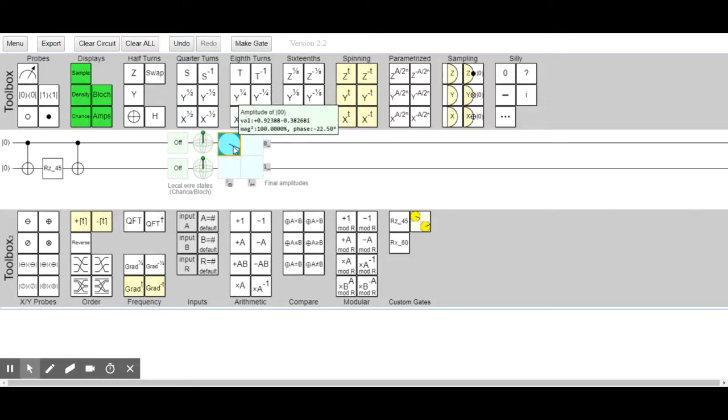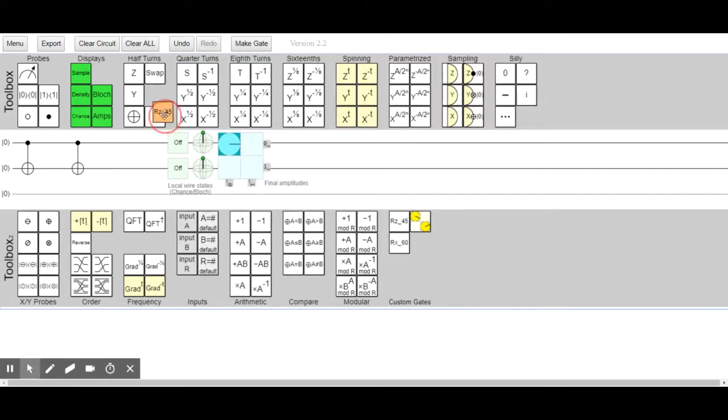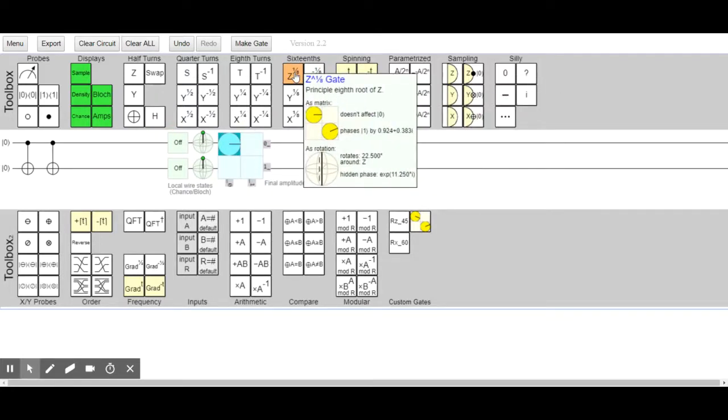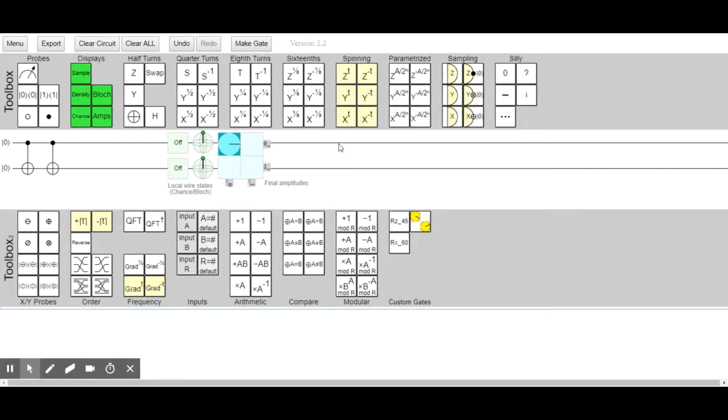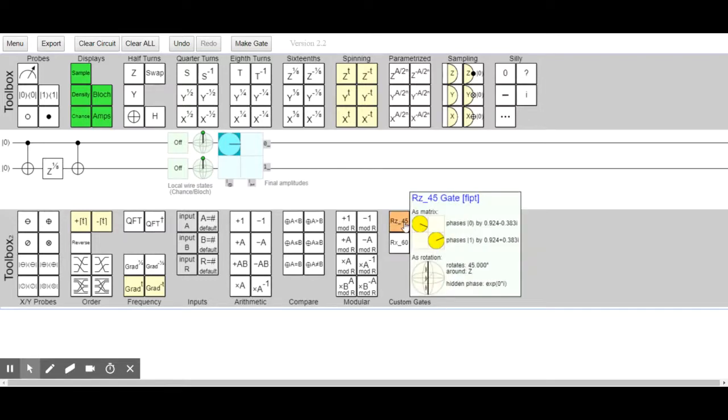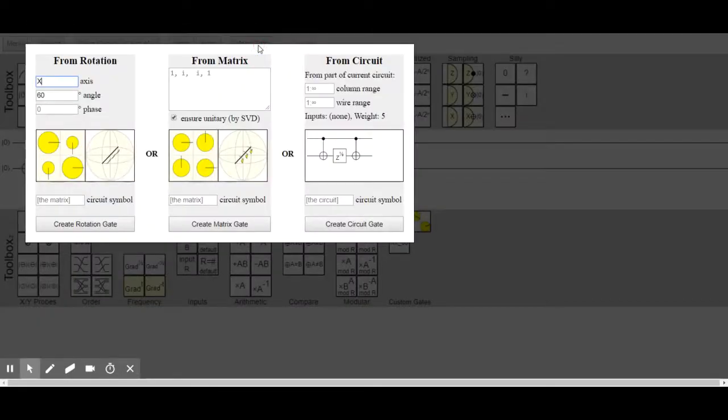This shouldn't be rotated right now. So that's wrong. I'll just use quarter turns. Yeah, I still have to work on how to make that the way I want it.